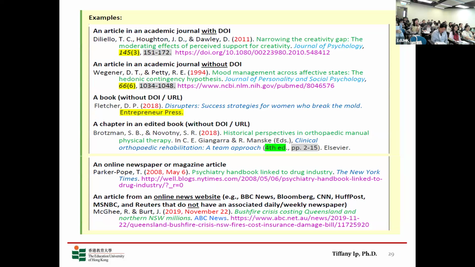So the exact article name is the green part, and the journal name is the blue part. Do you see that the blue part is in italics? So we need to italicize the journal name. One more thing that needs to be italicized is the 145 here. This is the volume number.